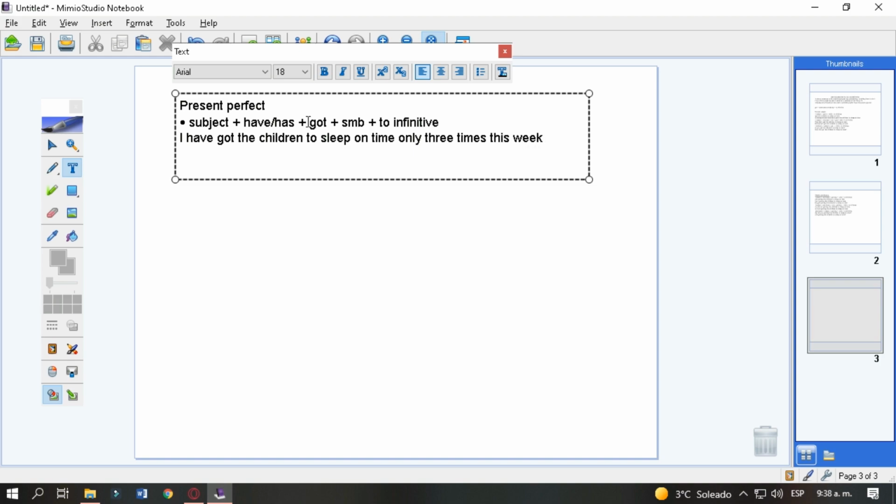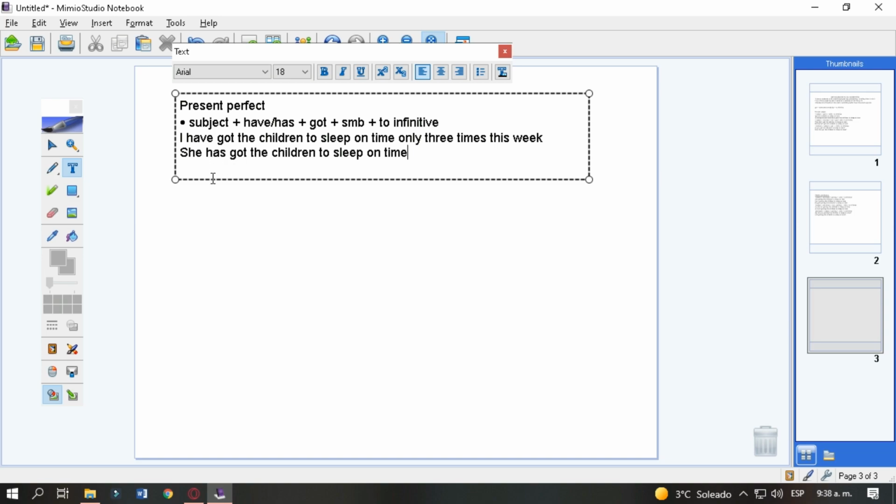Let's go with another example. She has got the children to sleep on time. Again, the variation of the person goes in here.